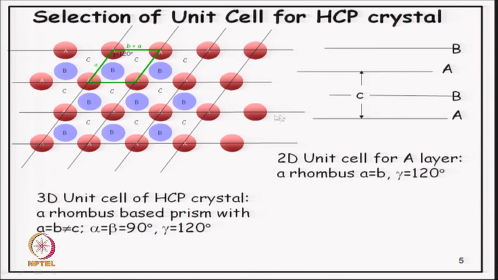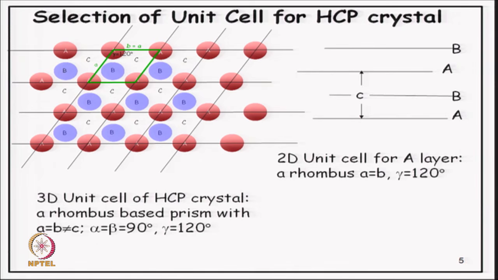So, with this we complete our 3D unit cell, which is a rhombus based prism where a equals b. Of course, this is not equal to c, and alpha and beta are 90 degrees, because the c axis we have selected is perpendicular to the layer plane. So, alpha, beta are 90 degrees and gamma is equal to 120 degrees.